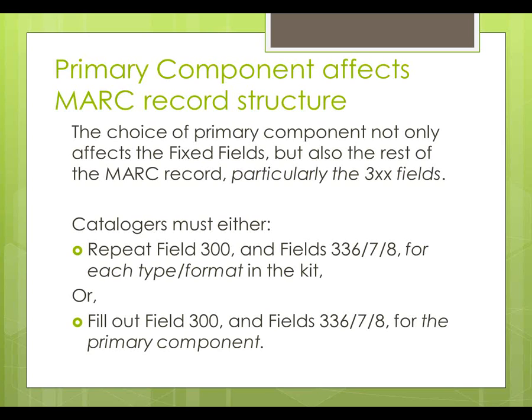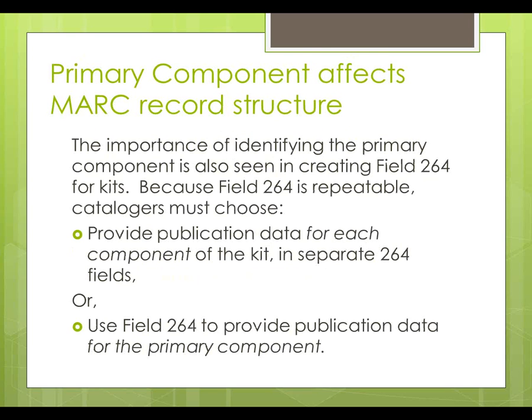So here's an issue in choosing the primary component. It may be what information you have for the different resources or can find. So another issue here is the 264 field, which you'll recall is for publication, distribution, production, no, manufacture, sorry.